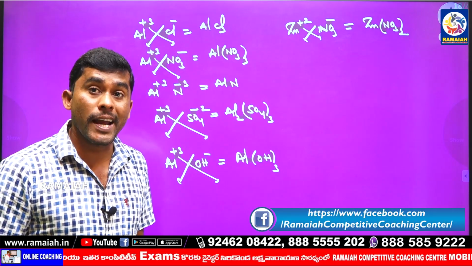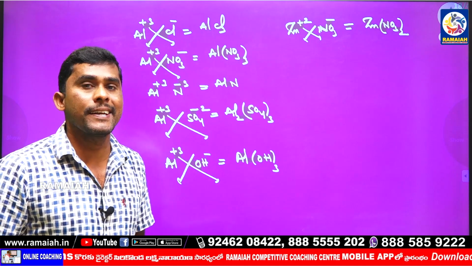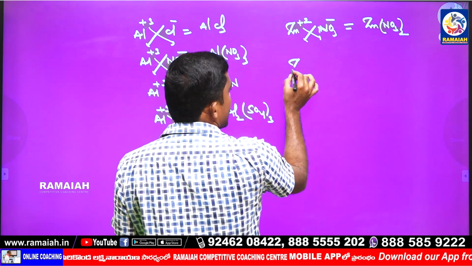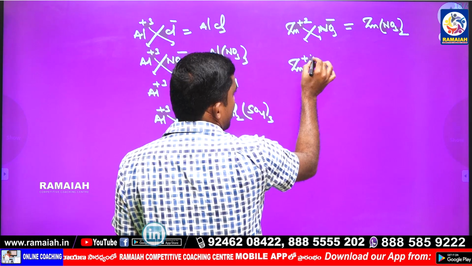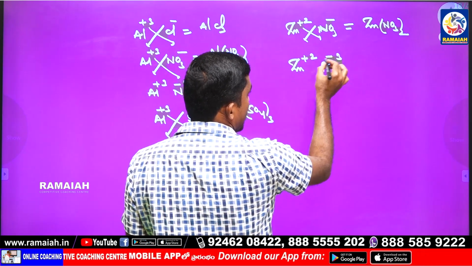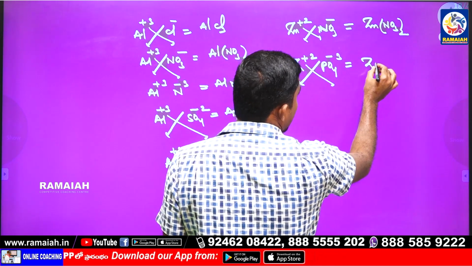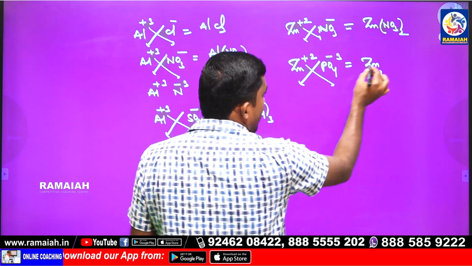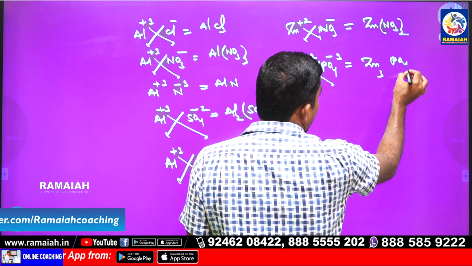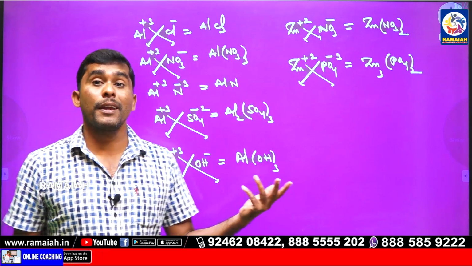Zinc phosphate, not phosphide. Zinc means Zn plus 2, phosphate PO4 minus 3. So use the crisscross method. Zn3(PO4) taken twice, zinc phosphate.